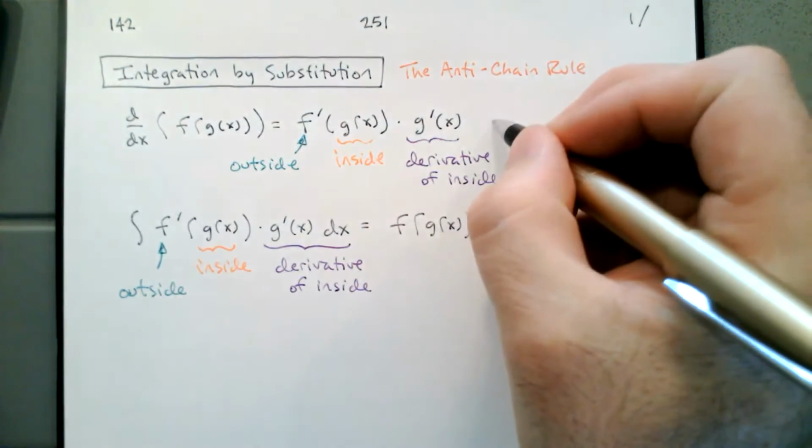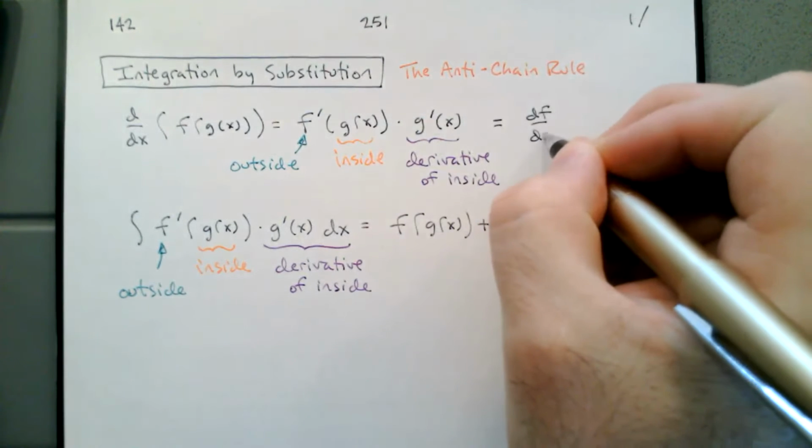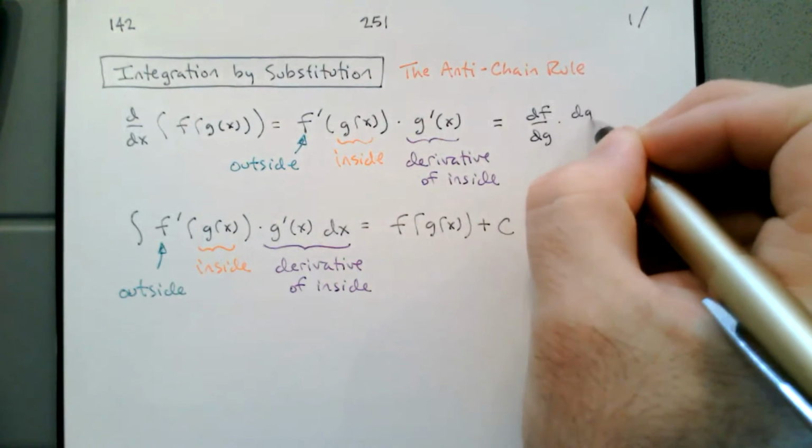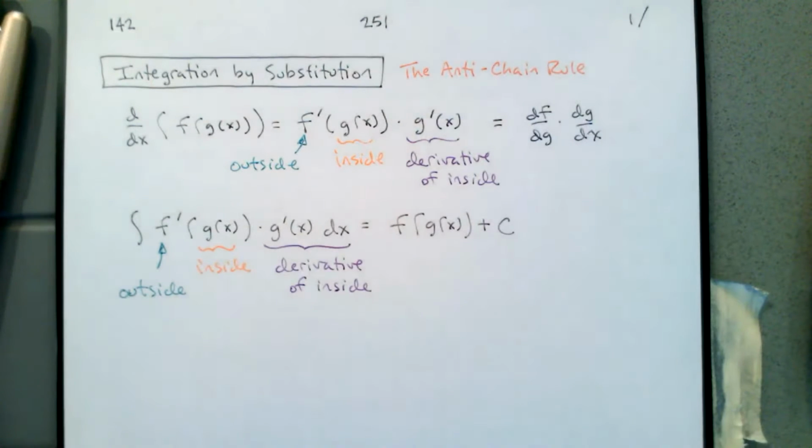So that's the Leibniz style. It looks good in Leibniz notation because we can imagine the dg's canceling each other out, and we just end up with df dx.